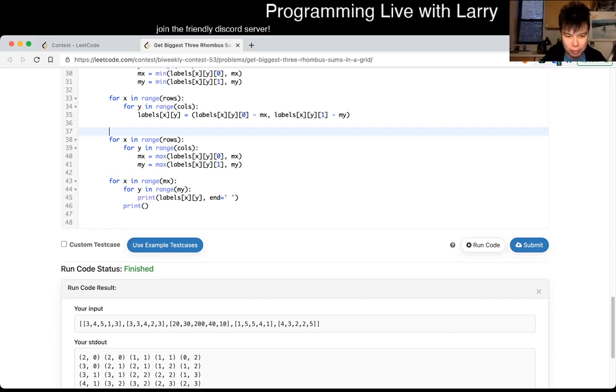Okay, so then now what? Now I have to map this to a square, which is ridiculous, but okay.